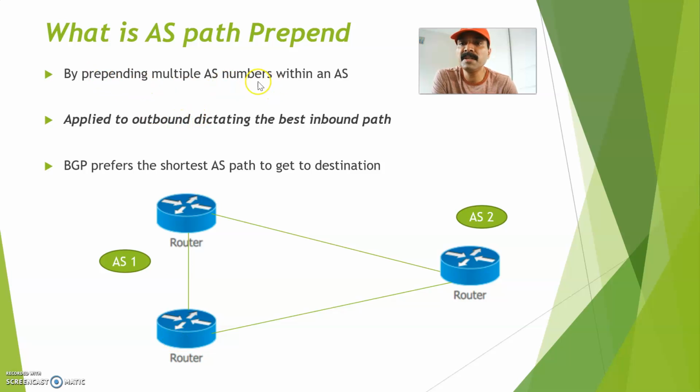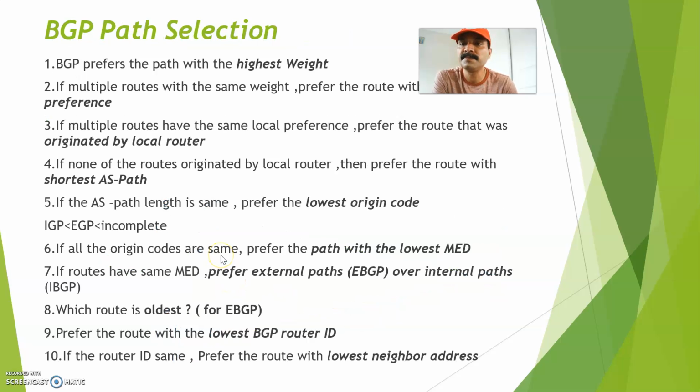By prepending multiple AS numbers within an AS, it is applied to the outbound path, dictating the best inbound path. BGP always prefers the shortest AS path to reach the destination. So if I prepend multiple AS numbers, this path will be less preferred and this path will be more preferred, and it will choose the best inbound path into an AS. So that is the purpose of AS path prepend.